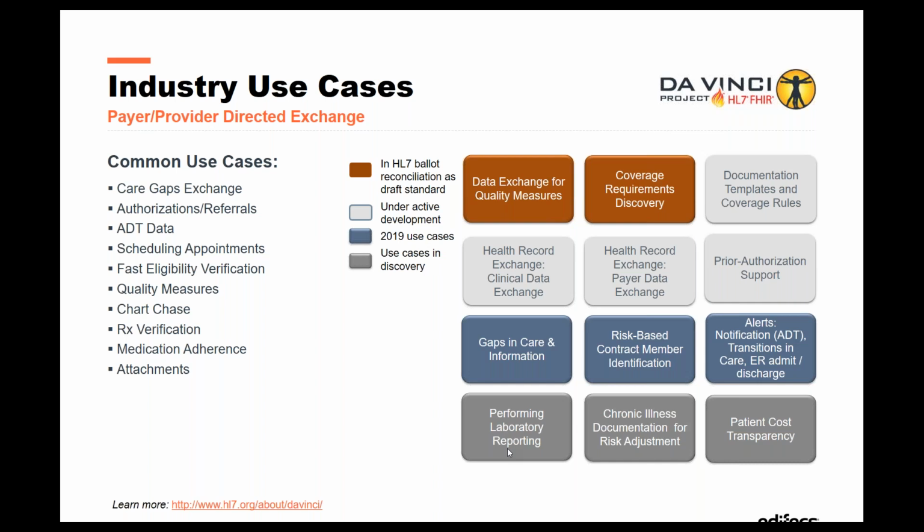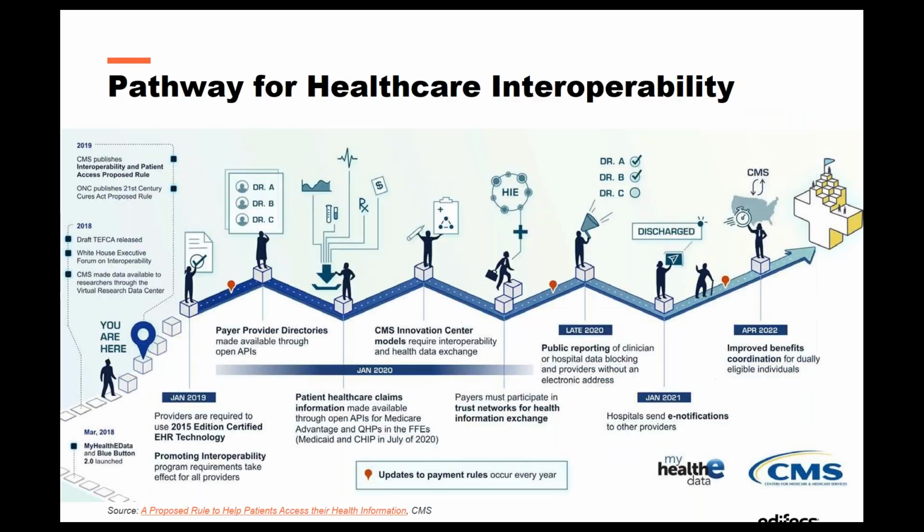But before we do, CMS has a roadmap for you, and if you haven't seen the CMS roadmap, I think you definitely should check this out. We'll start where we're at now, with the rules being proposed. The turning point is going to be the certification from ONC, right?